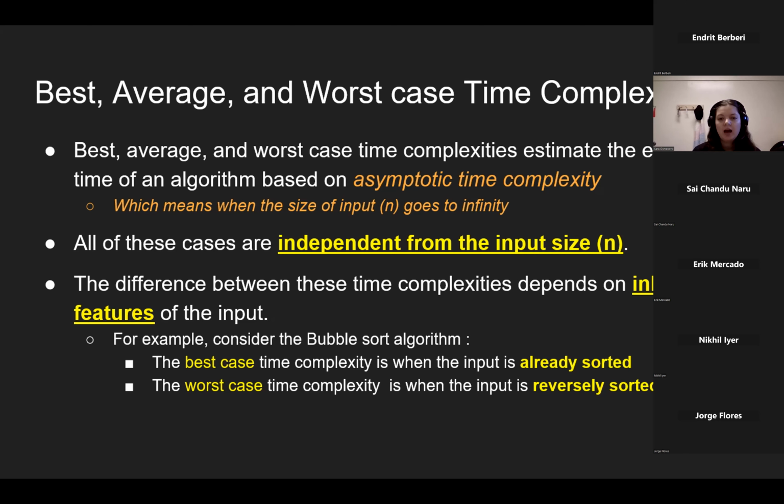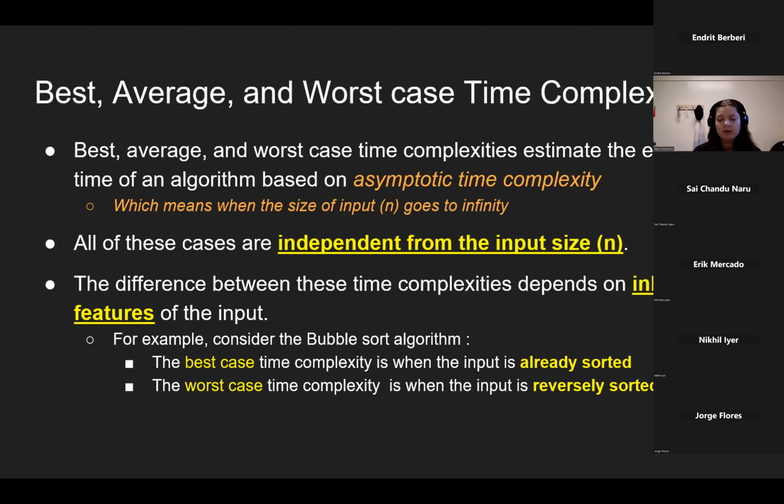But if you have an array that's inversely sorted, so reversely, for example, if you're trying to sort your array from lowest to highest number, and you start with the highest and then they slowly decrease to the lowest, and you try to sort it with a bubble sort, that will be your worst case time complexity, and it will have to do the most swaps in each iteration of the algorithm.